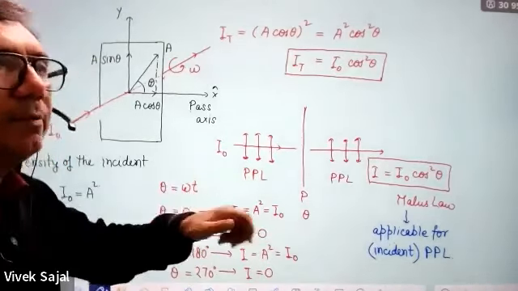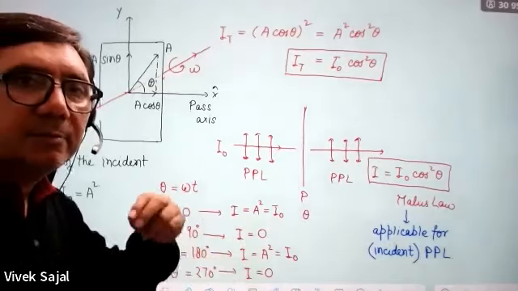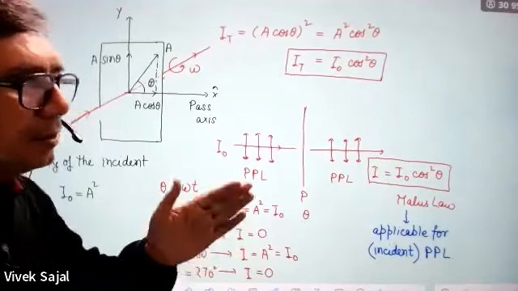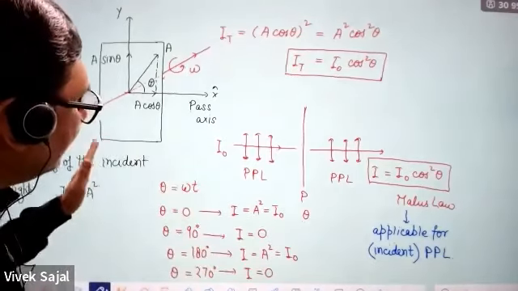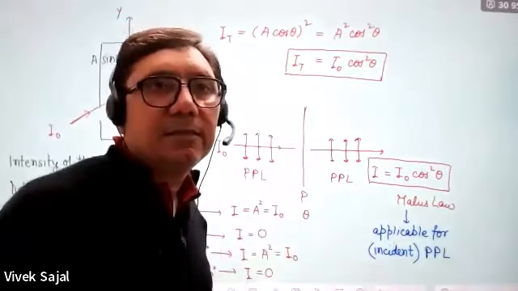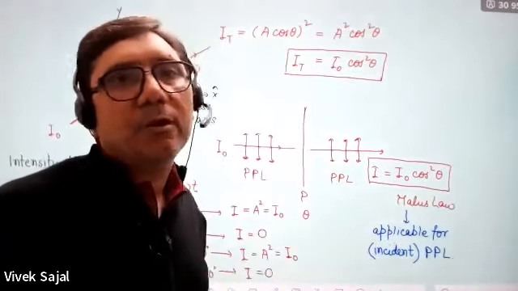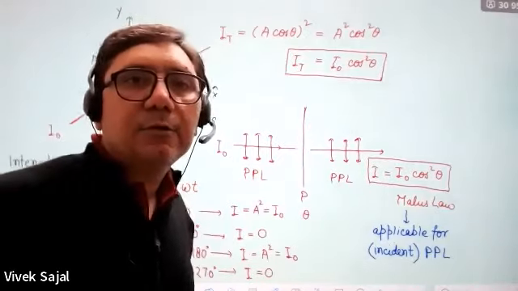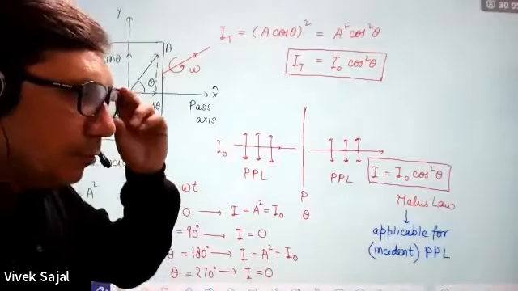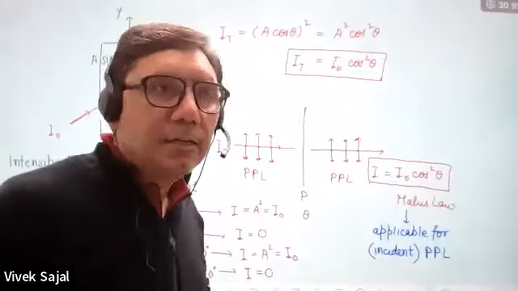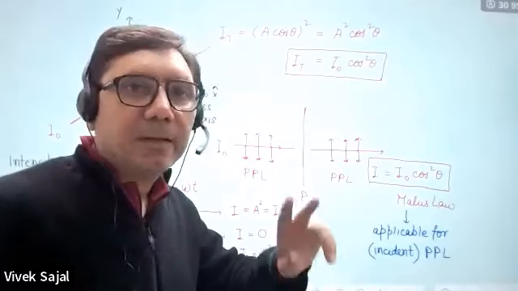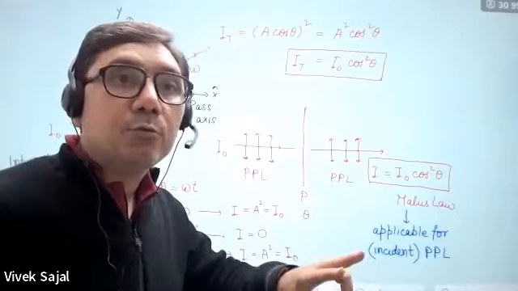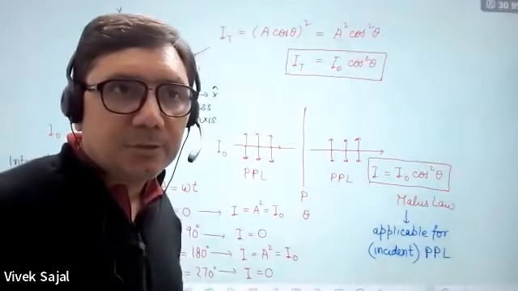So in one complete rotation, two times intensity is becoming maximum and two times intensity is becoming minimum. So what can you conclude here? You can conclude that if a plane polarized light is incident on a rotating polarizer, then on the emerging side you will get two maximum intensity positions and two minimum, zero intensity positions.